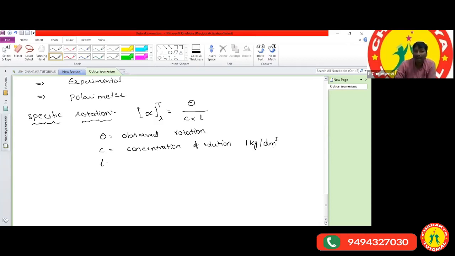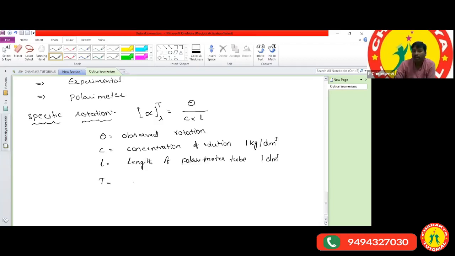L is nothing but the length of the polarimeter tube. How much length are we taking? In the polarimeter instrument, we take 1 decimeter length of the polarimeter tube.